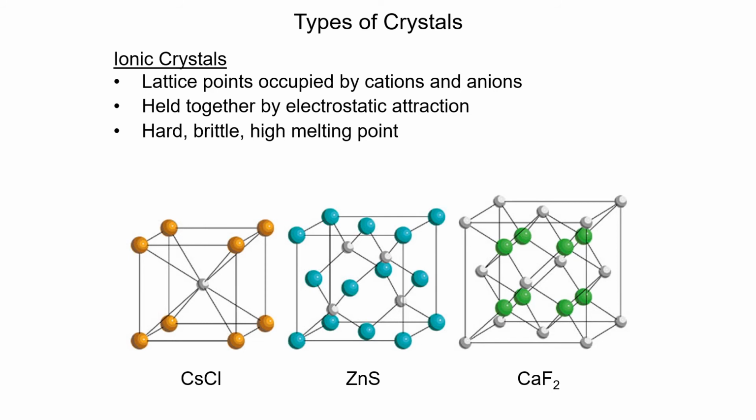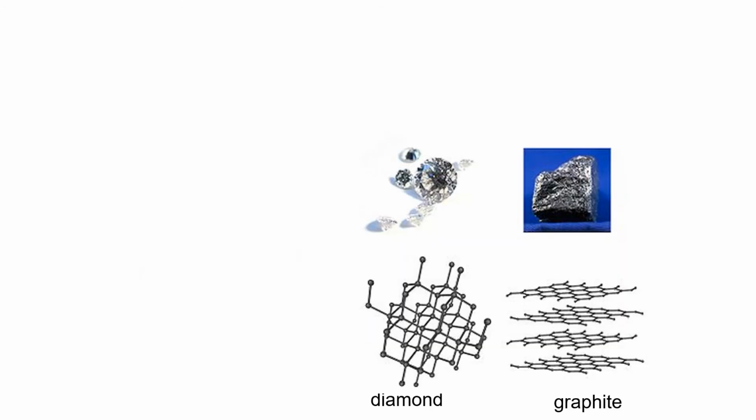Typically, ionic crystals are hard and have high melting points. They are poor conductors of heat and electricity. However, they are water soluble.